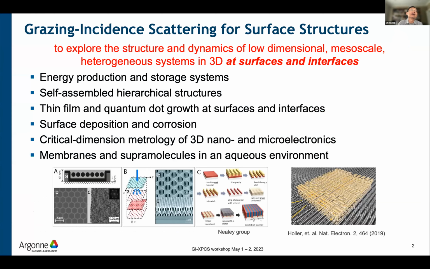Speaking of grazing incident XPCS, let's start with grazing incident scattering for surface structure investigation. Basically, this grazing incident method can explore the structure and the dynamics of, I wouldn't say low dimensional, maybe planar, mesoscale heterogeneous systems at the surface, and they're all in 3D.